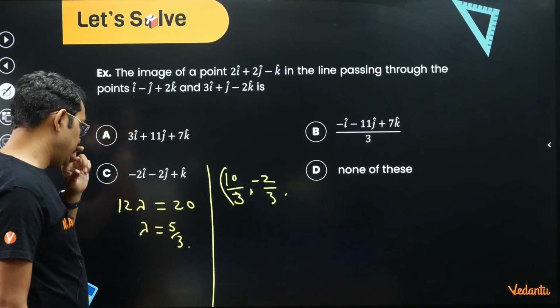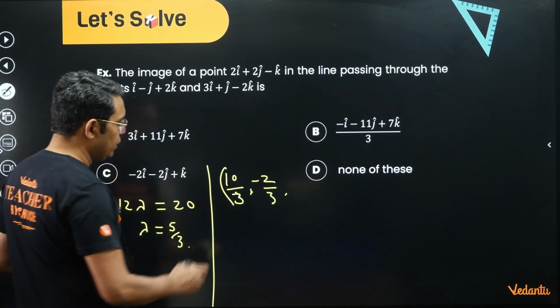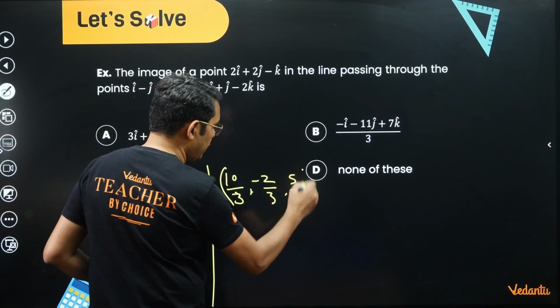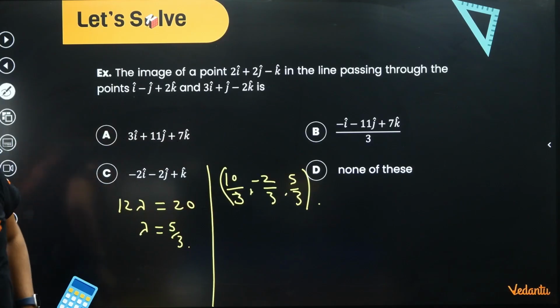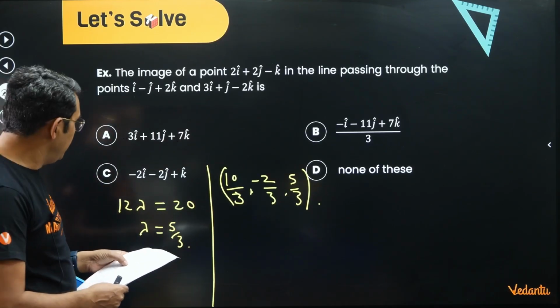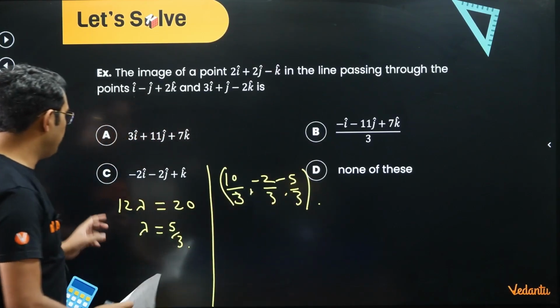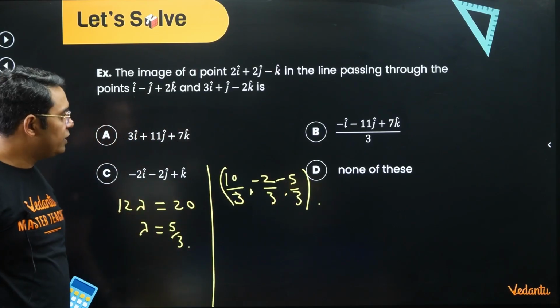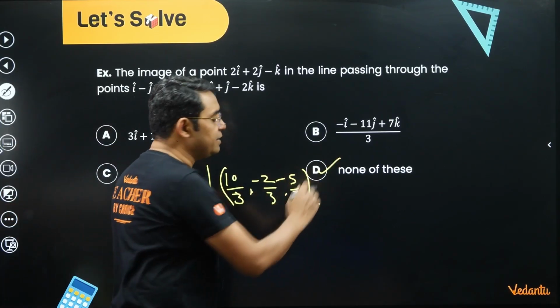So 20 by 3 plus 15. So I think 5 by 3, yeah, if I'm not wrong, that is the final value of the image. 10 by 3, minus 2 by 3 and actually minus 5 by 3, because that was minus 20 by 3 plus 15, yeah, so minus 5 by 3. So you can see the answer is D, none of these.